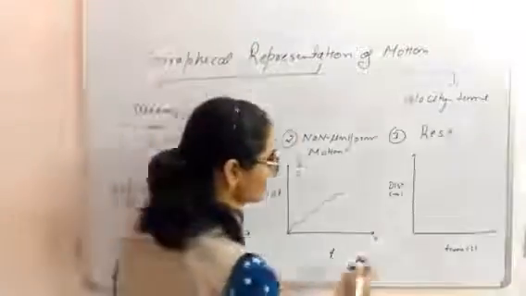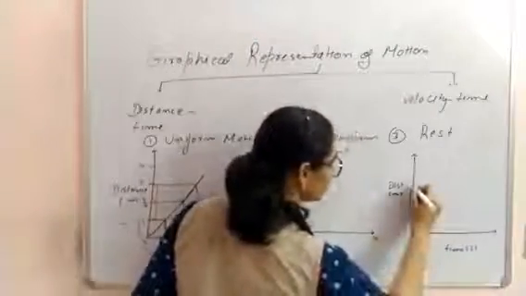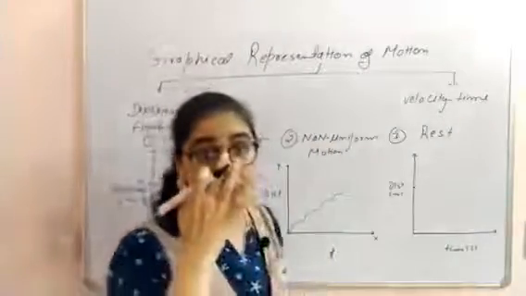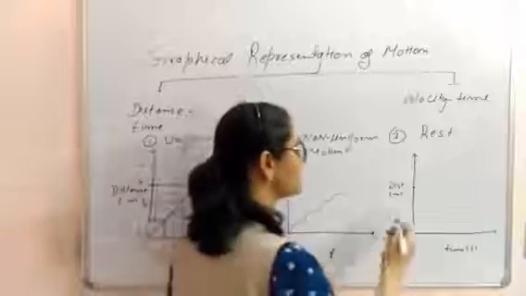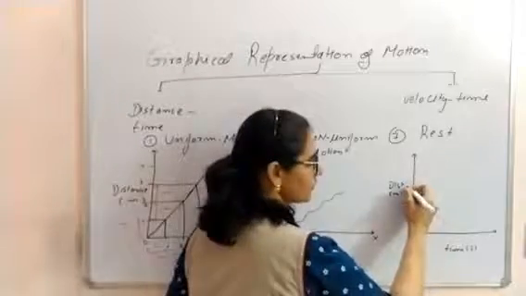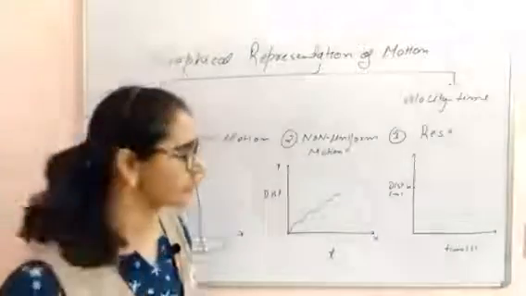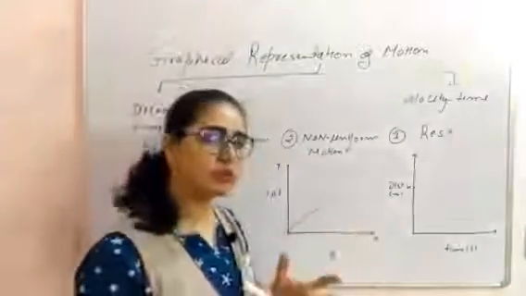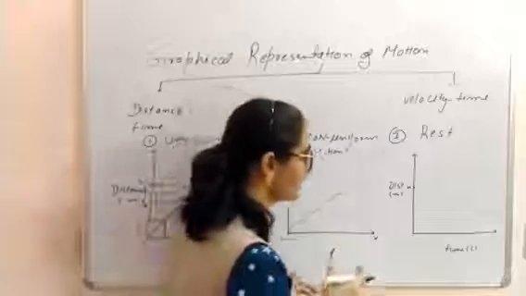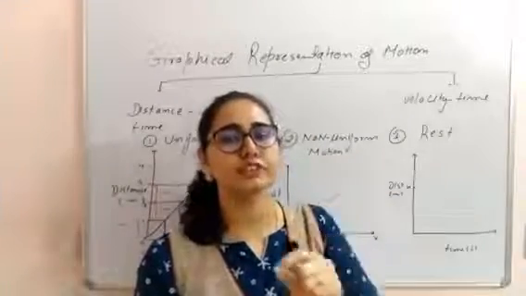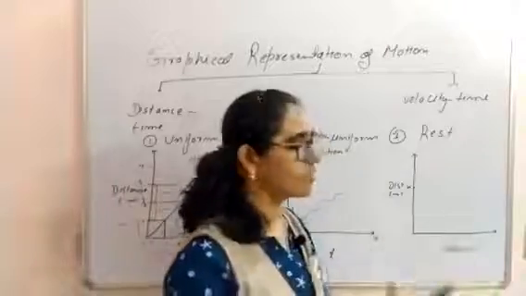Suppose with reference to some particular point, the car is marked at some particular distance. We can say at x distance. The car is parked at a particular distance, but it is not moving, or the position of the car is not changing with respect to time.